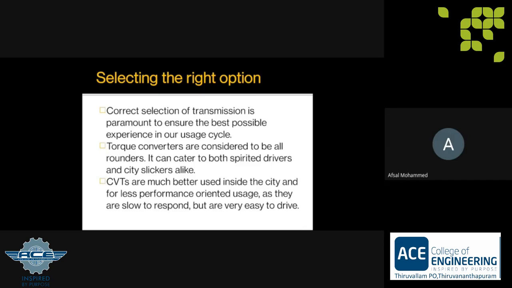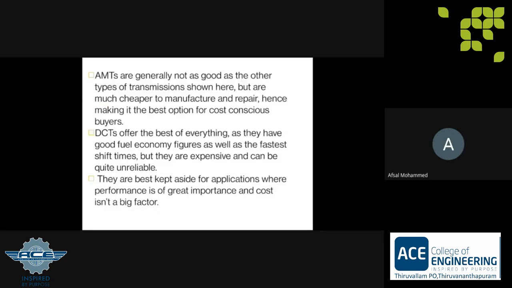They're also much easier to maintain as a belt change in a CVT is not of much cost, and the components are also much cheaper than the other options. Okay, so the AMTs, the main selling point for the AMTs, as I've told, was the cost. So they cost much lesser than the other transmission systems, and people who are opting for smaller cars definitely see this as an advantage.